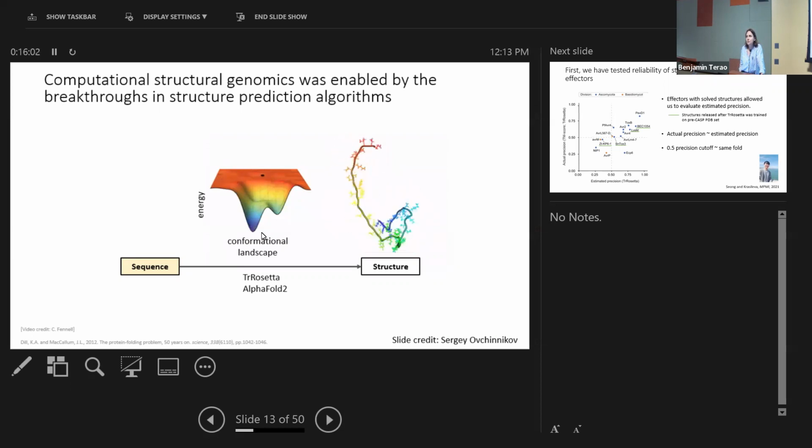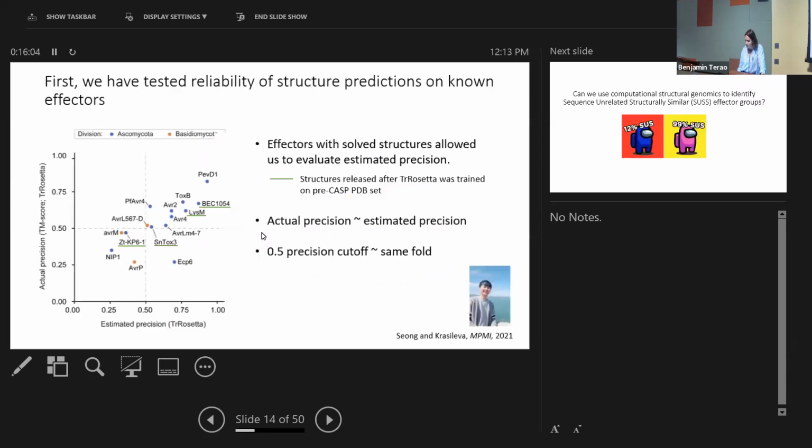So the first thing that Kunyang did was a test. And he did a test that was a standard in that computational structural biology community. He took effectors, because we wanted to know how good these programs were on effectors. There was a special interest, we study them. And he took effectors across fungal pathogens for which experimental structures have been solved.